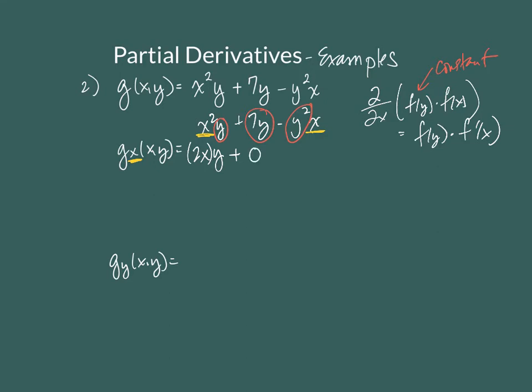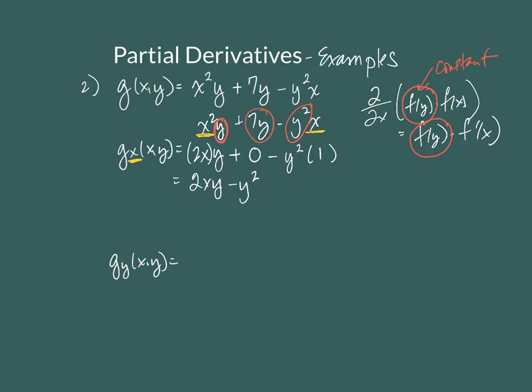Okay, now again we have our constant multiple, so the function of y times the derivative of the variable of interest, which is 1. So we clean this up. This is 2xy minus y squared. Right? So again, we used the fact that y is being treated as a constant, and so the constant multiple rule applies. We just rewrite it and then multiply by the derivative of the part with the variable.